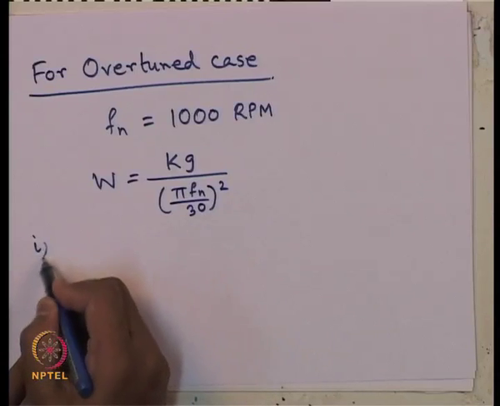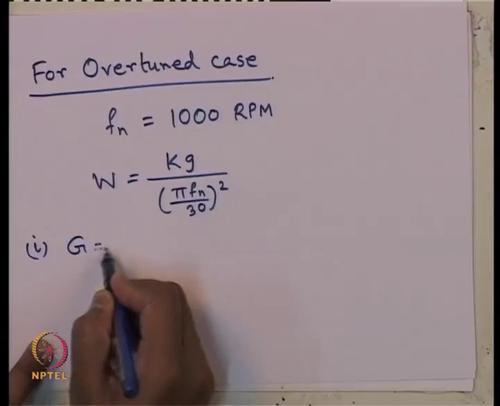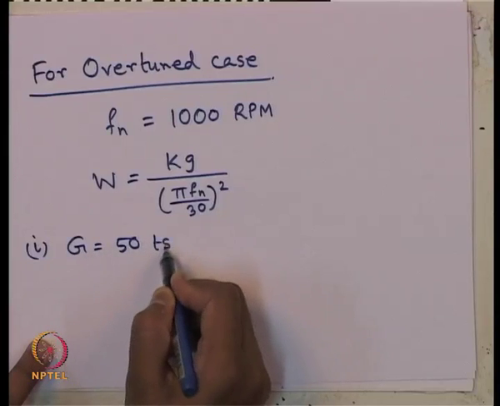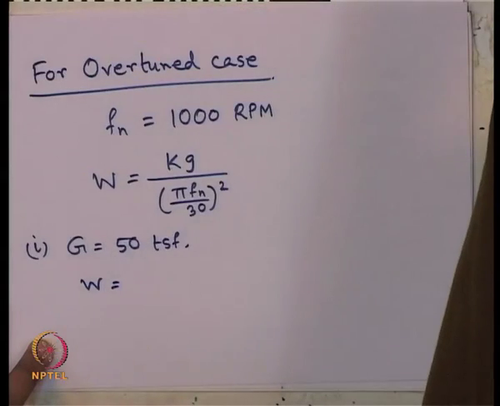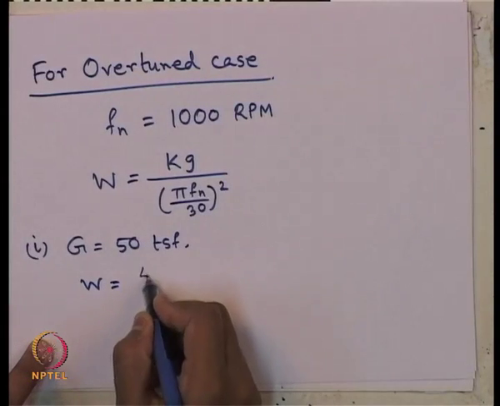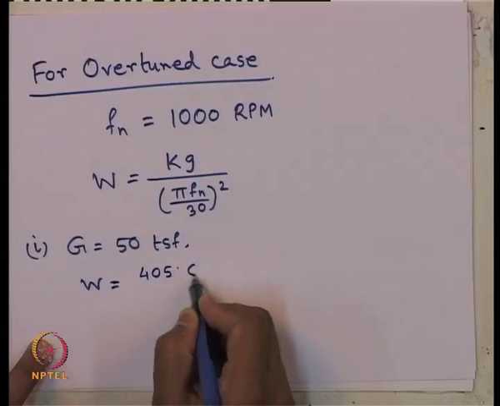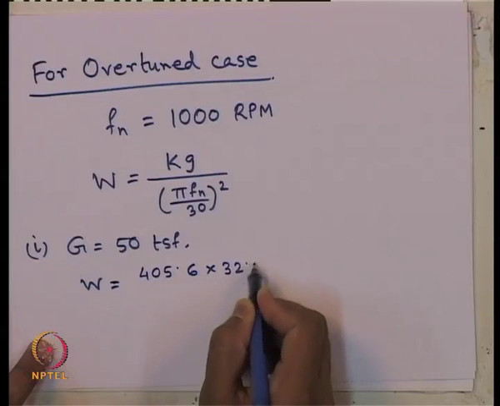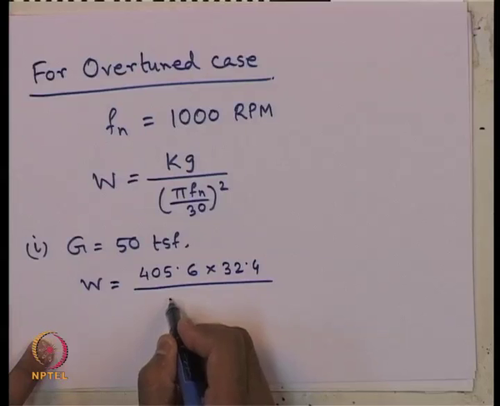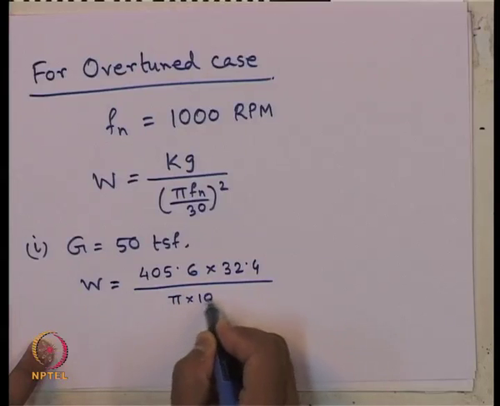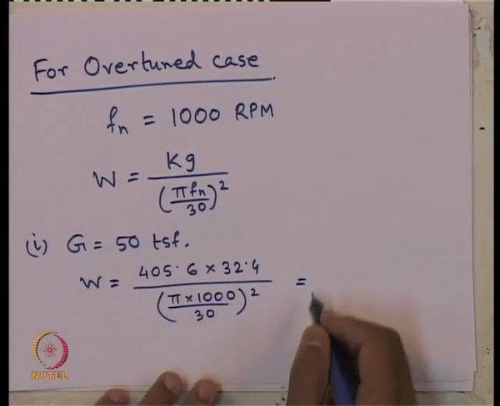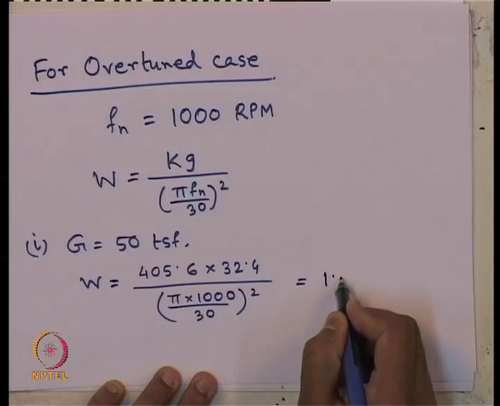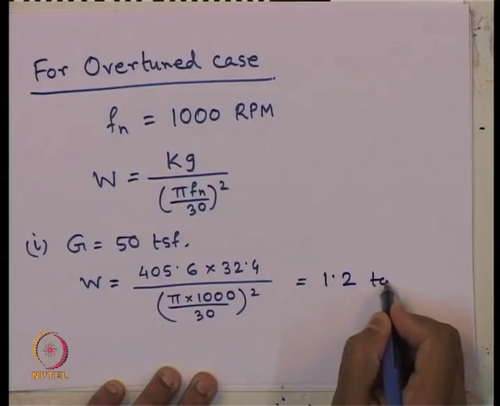So, for the first case of soil with G equals to 50 TSF, W we are calculating 405.6 into 32.4 by pi into 1000 by 30 whole square. It is coming 1.2 tons.